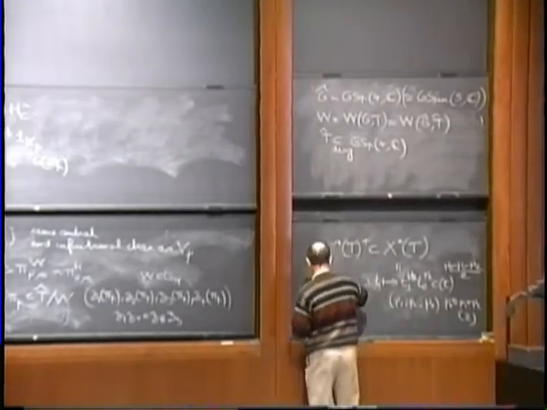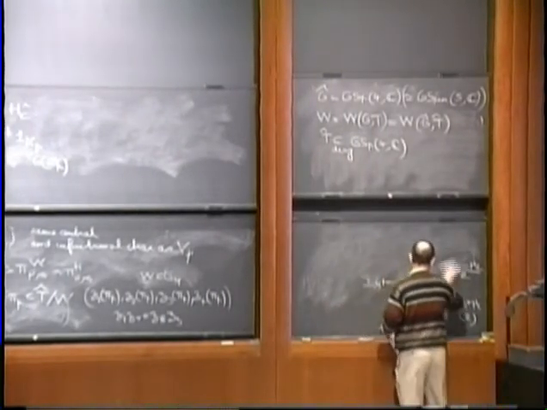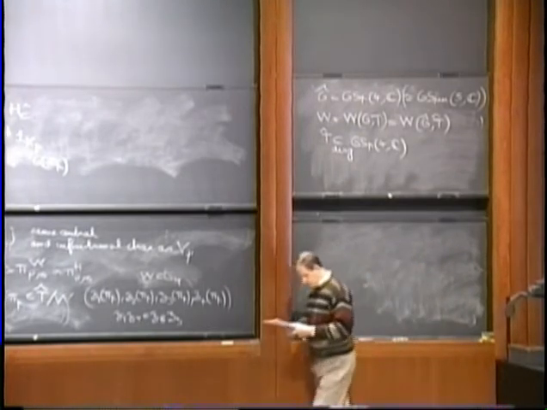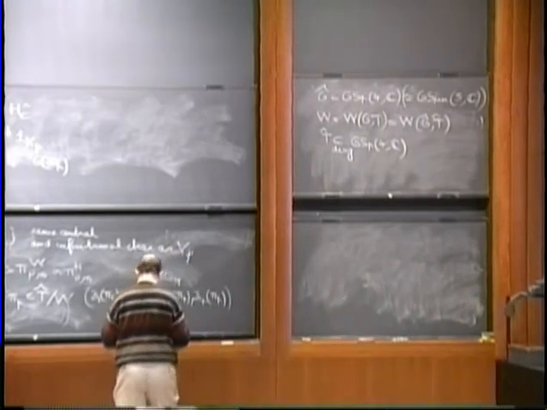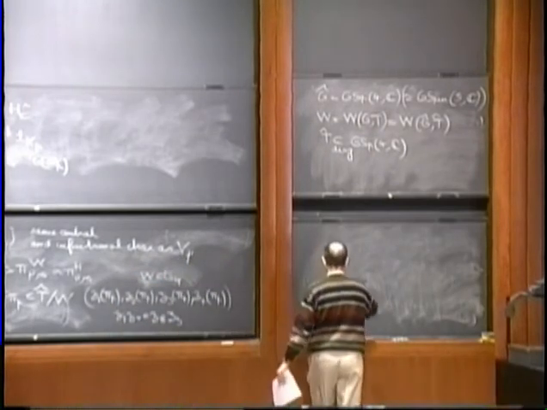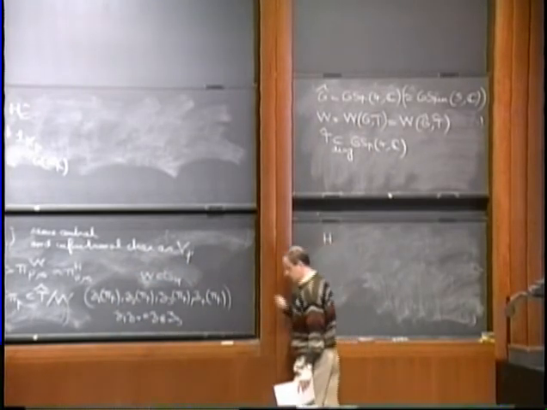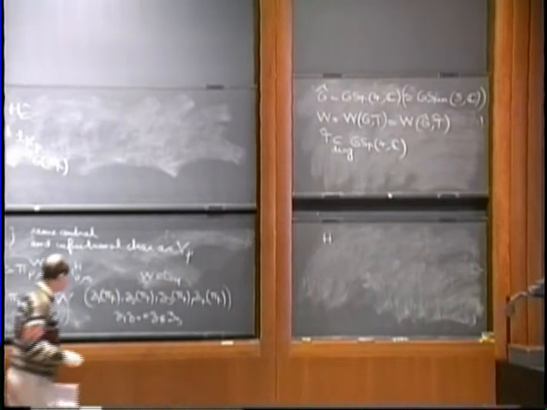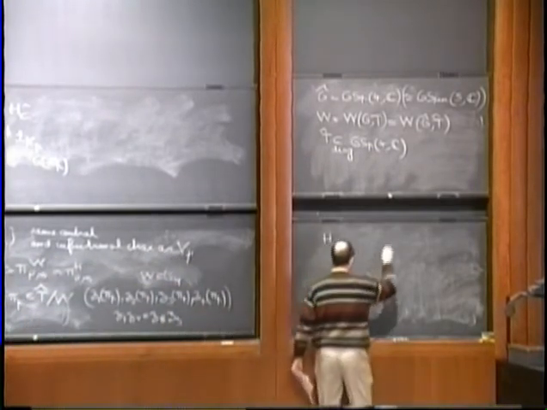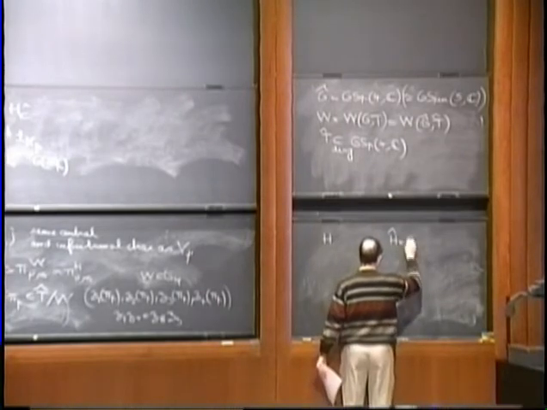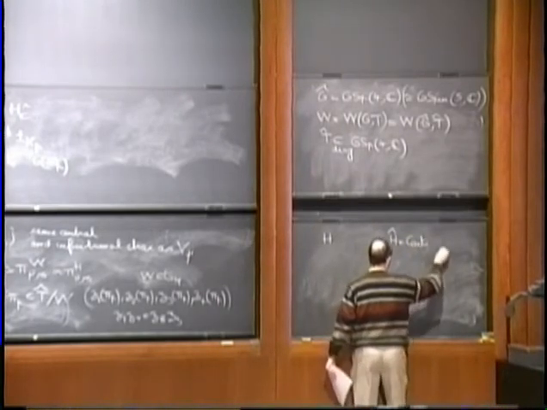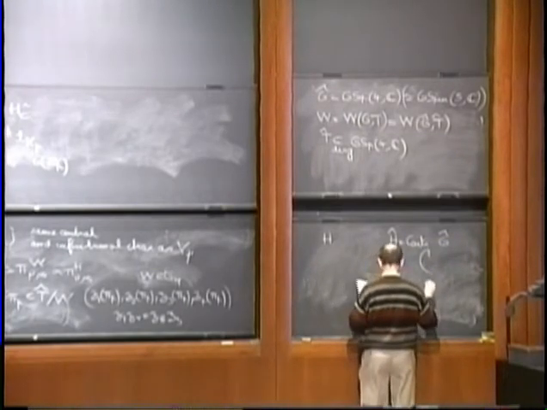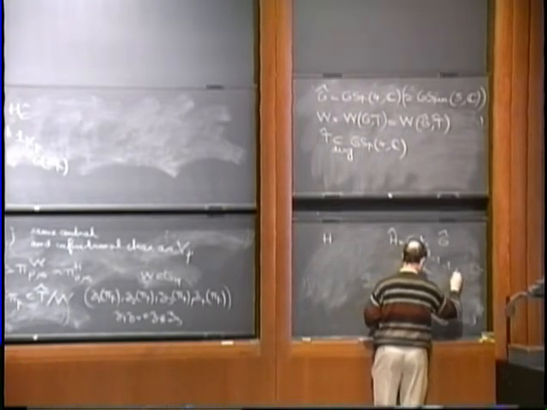So even to formulate the main result, I need some more. I need the endoscopic group. So there is here a unique, up to equivalence, elliptic endoscopic group, H. So its dual is the centralizer in G hat of the diagonal matrix 1, minus 1. I hope it's correct.